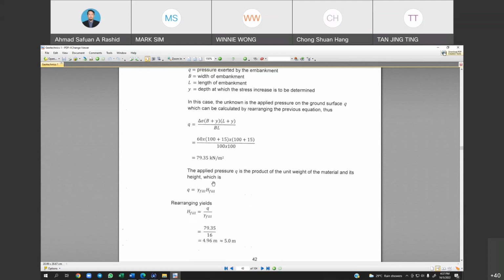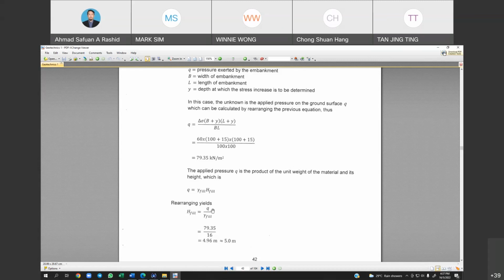We need to determine the height of the embankment, which is represented by 79.35 on the soil layer. The applied pressure Q is the product of the unit weight of the material and its height, so Q is equal to the unit weight of fill material times H, the height of the fill material. Rearranging, the height is on the left and the rest on the right.